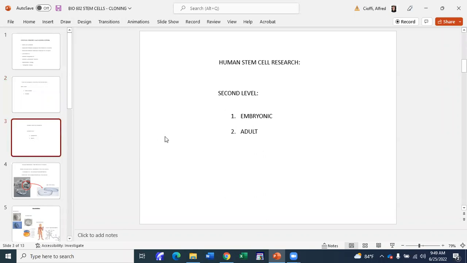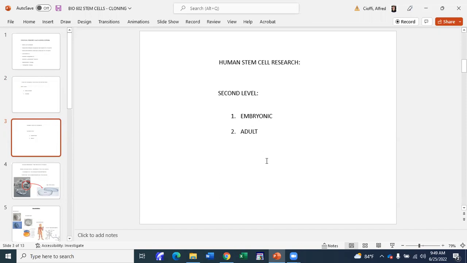So the second level of distinction is precisely between embryonic and adult. And this one is the crux of it, bioethically speaking, because to obtain adult stem cells, we have a variety of sources of stem cells in our body right now as we speak, and that are being discovered more and more. I'll talk about that in a minute in more detail.